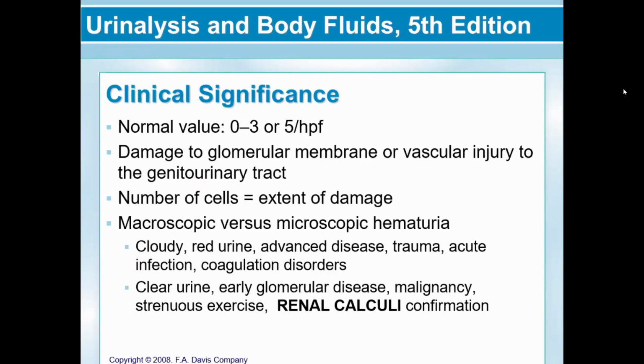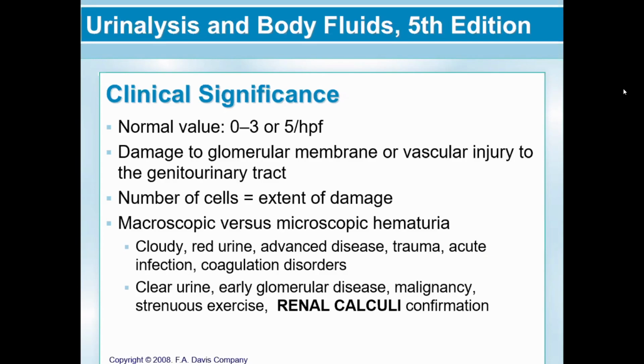So next we have here the clinical significance for our red blood cells. So ano yung normal value for red blood cells? It's 0 to 3 or 5 per high power field. Ibig sabihin, after examining 10 high power fields at nakakita lang tayo ng 0 to 3 range, then we can say that's normal.